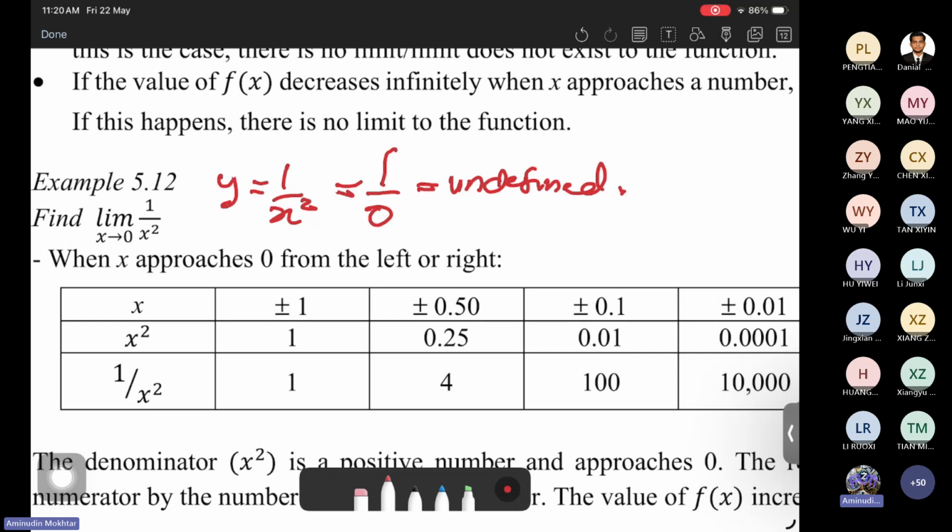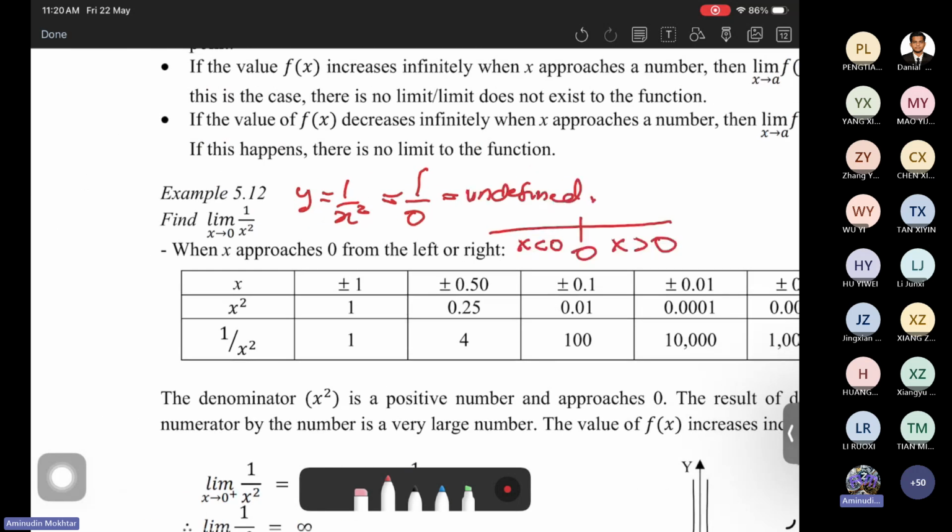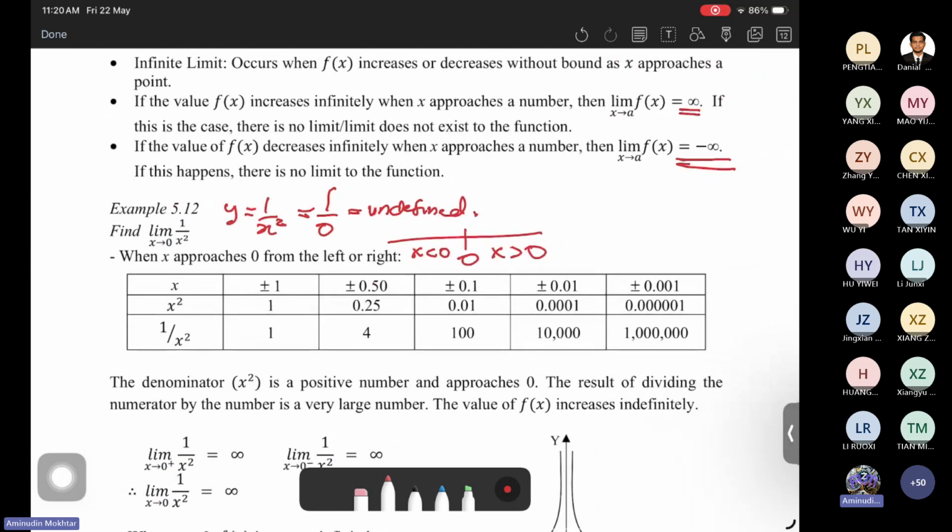We need to find the value of x. You need to choose any three values of x that are less than 0 or greater than 0. You can choose any value. For example, based on this table, I can choose the values from 1 to 0.001, or from -1 to -0.001.